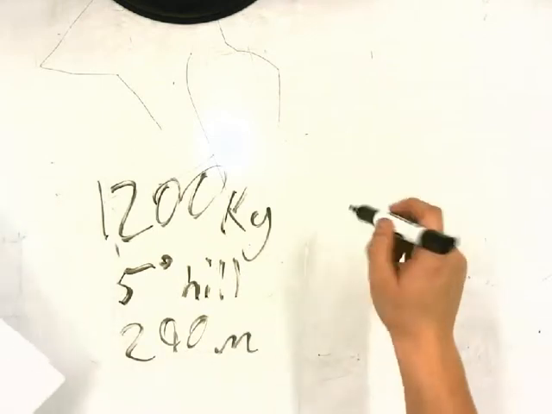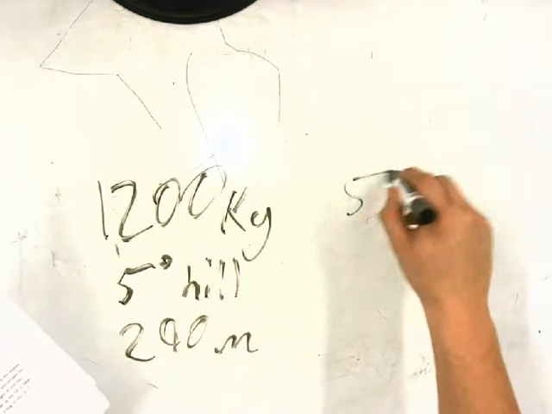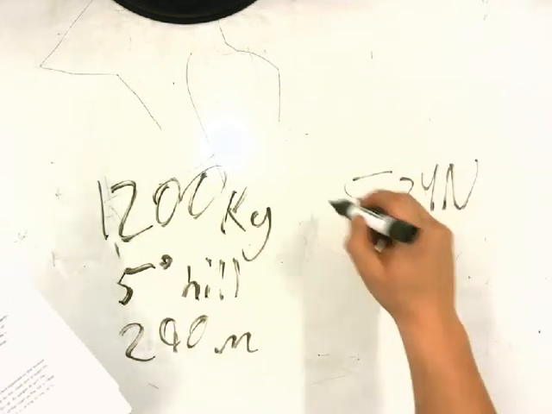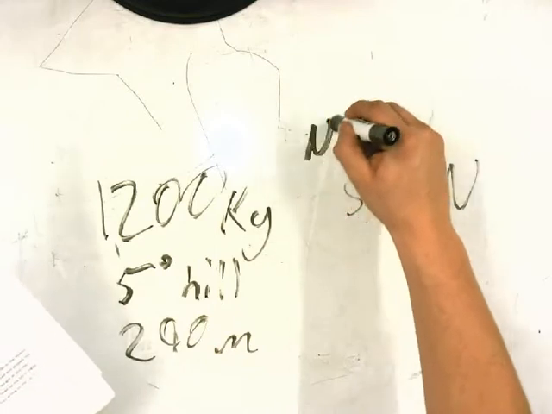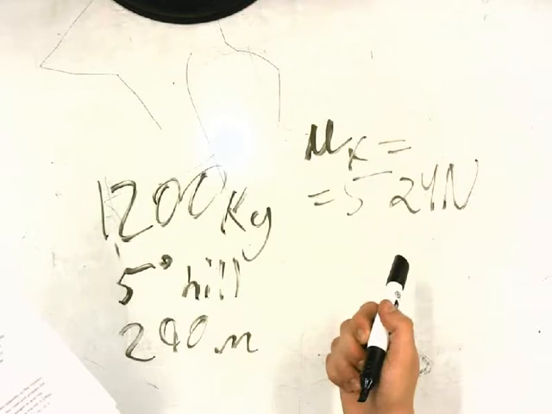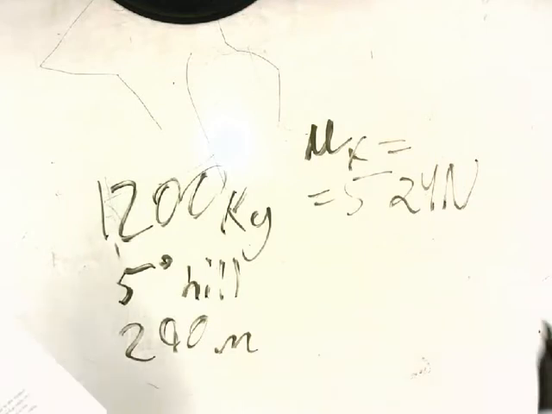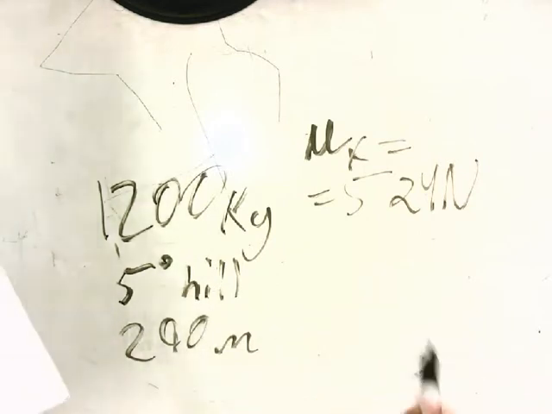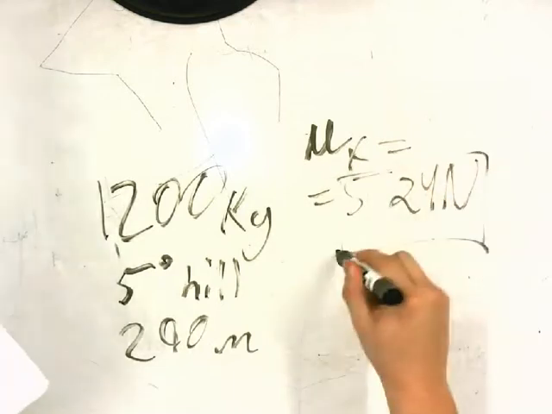Working against the car is 524 newtons of kinetic force. So mu k is equal to that. Since there's no acceleration, this is also the work.